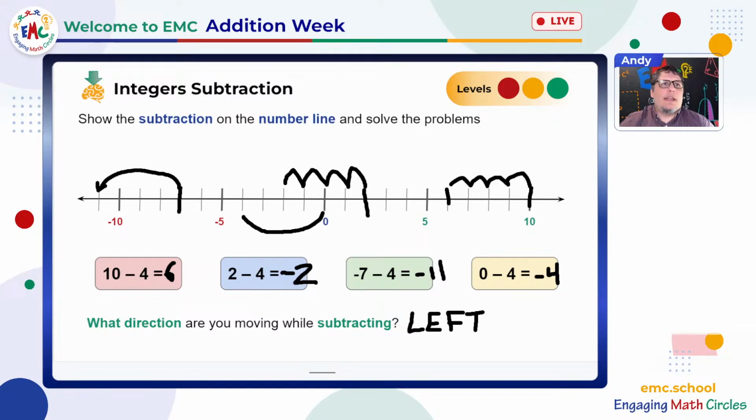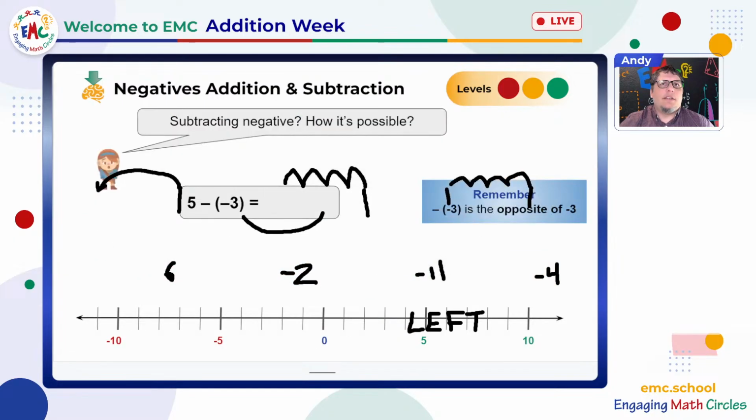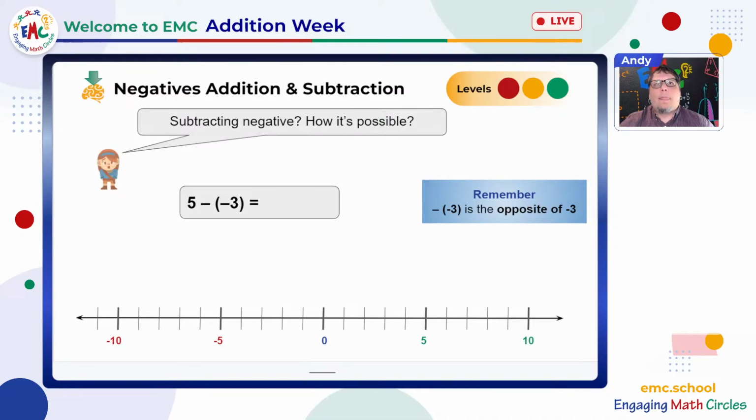Okay. But what if I have a double negative? What if I'm subtracting a negative? We have to remember that -3 is the opposite of 3.